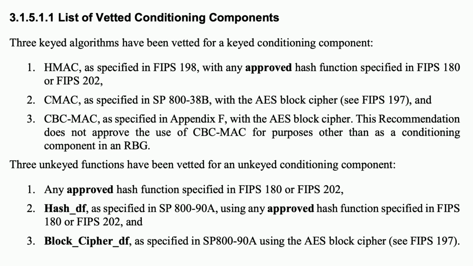So don't be confused about that. But generally, I'd recommend using these message authentication code-based entropy extractors, because academically they've been shown to be good extractors, whereas the hash functions have been shown to not be good extractors. And the block cipher derivation function is a bit suspect too.